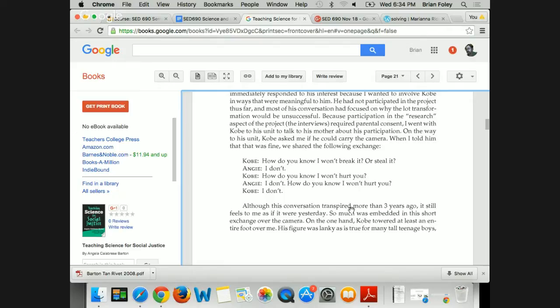There's this impossibility: he can't be seen turning in homework, or otherwise he's going to lose all his credibility as the tough guy. And so he's kind of stuck. But this after school program provides, as we were saying, a third way, this hybrid space where he can do it and not have to give up his self.